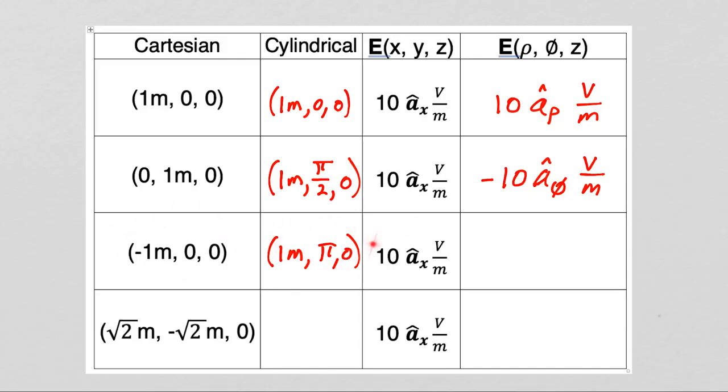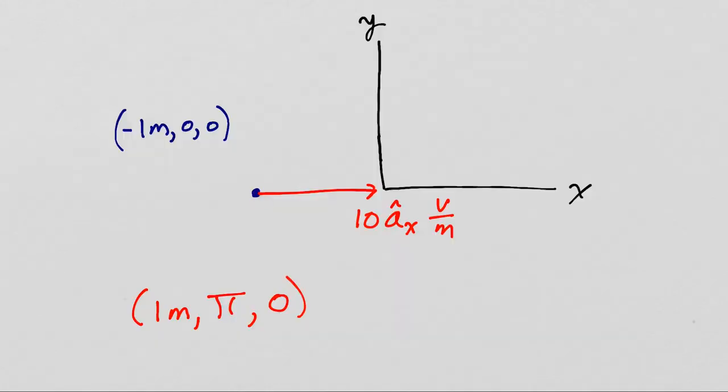Now let's find the representation of the electric field intensity with its components in cylindrical coordinates. So at this point, here is our electric field intensity of magnitude 10 volts per meter in the x direction. Here are our unit vectors in the x and the y directions. And here is our unit vector in the rho direction, in the direction of increasing rho component.